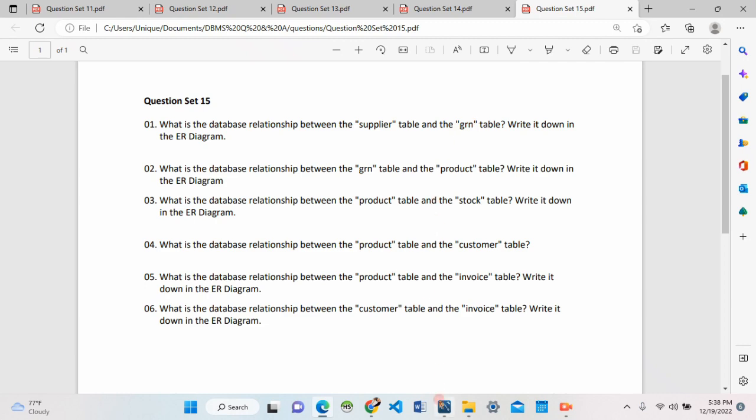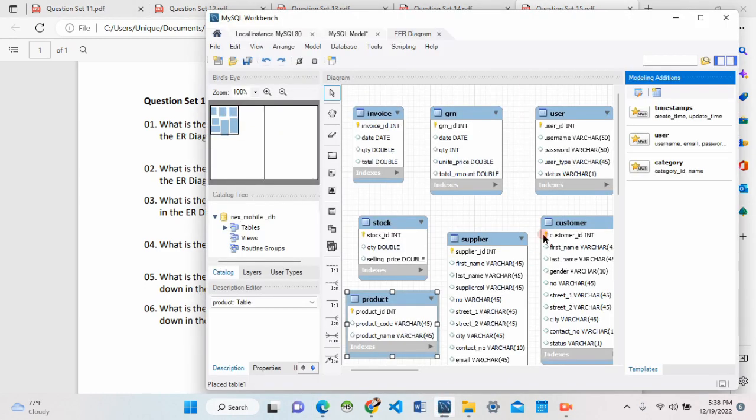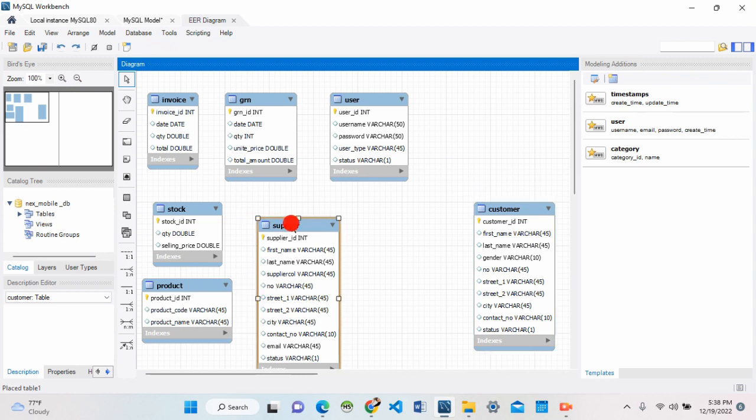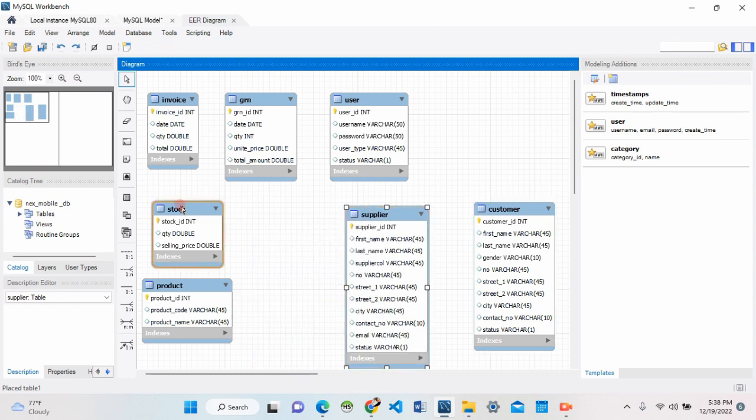Now we will go to the Workbench software, and these are the tables that we created in question sets 11, 12, 13 and 14, and this is the database that we created. Now I'm going to mark the relationship between these tables as said in question set 15.